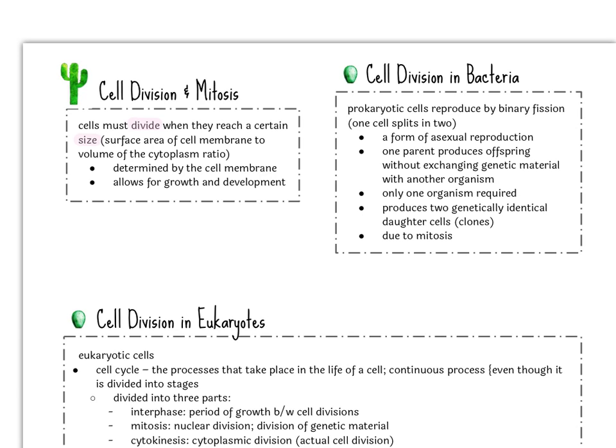So we can say the surface area of the cell membrane to the volume of the cytoplasm ratio, meaning that if the volume of the cytoplasm gets too much and is putting too much pressure on the surface area of the cell membrane, then it has to divide. So we say the cell membrane determines cell division. Another really important thing it does: through division and mitosis, this allows for the growth and development of organisms.